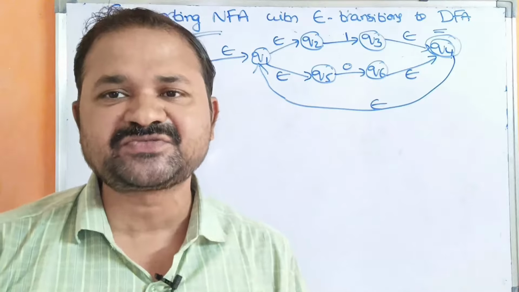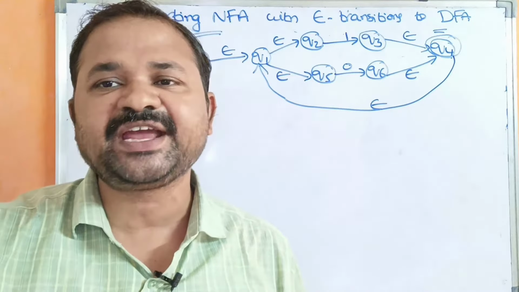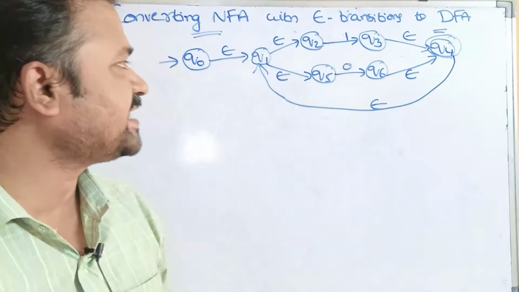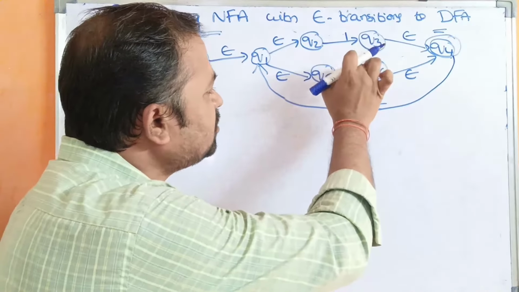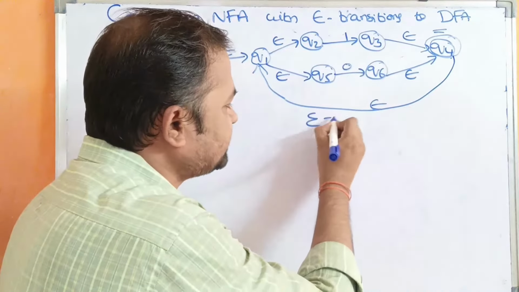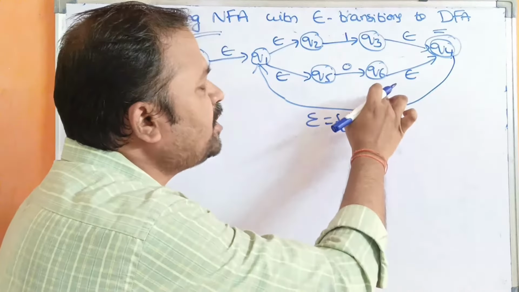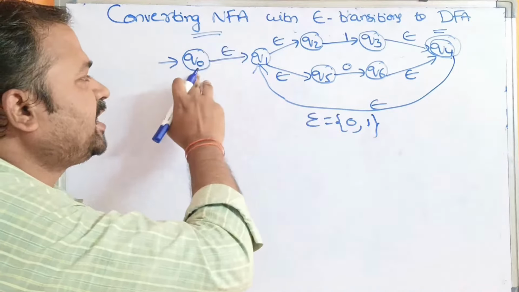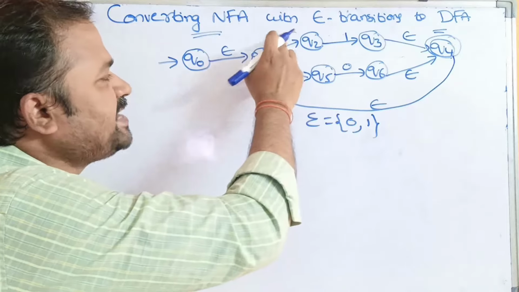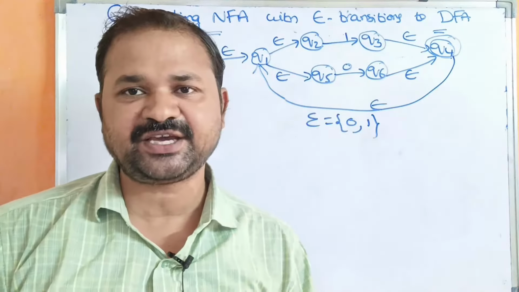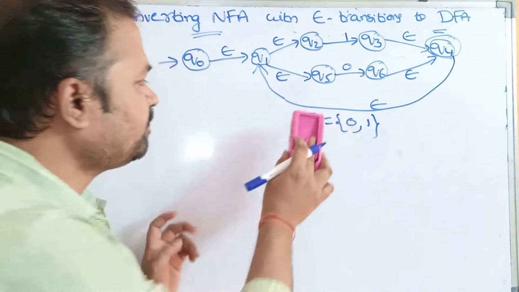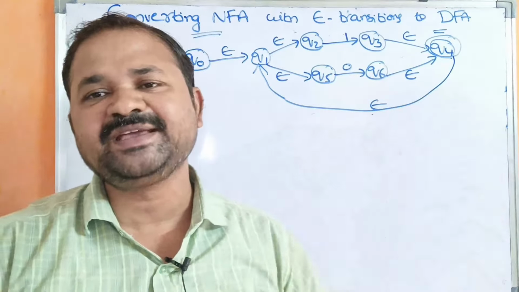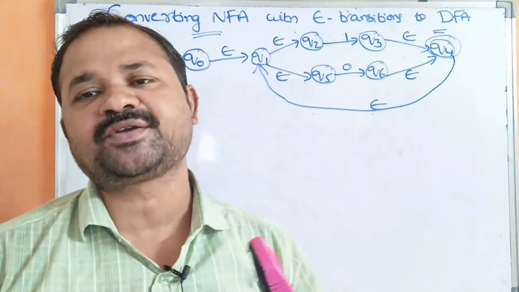Epsilon is mainly useful to move from one state to another state without applying any input symbol. In this example, the input alphabet contains two symbols, 0 and 1. Epsilon is not a part of the input alphabet. By applying epsilon, we can move from Q0 to Q1, and from Q1 to Q2. So by using epsilon, we can move from one state to another without applying any input symbol. In this problem, input symbols mean 0 and 1 only.